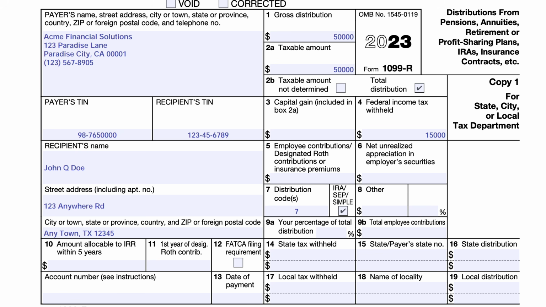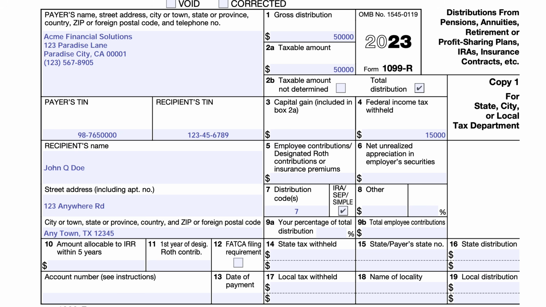So a direct rollover from a Roth account, such as a 401k account, to a Roth IRA, any traditional SEP or simple IRA rollover into an employer-sponsored plan, a recharacterized IRA, non-taxable Section 1035 exchange for insurance contracts, a non-taxable charge or payment for the purchase of a qualified long-term care insurance contract.